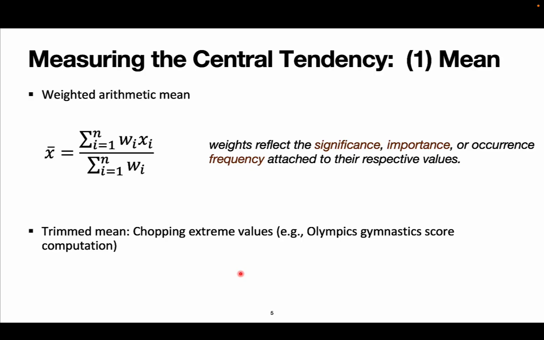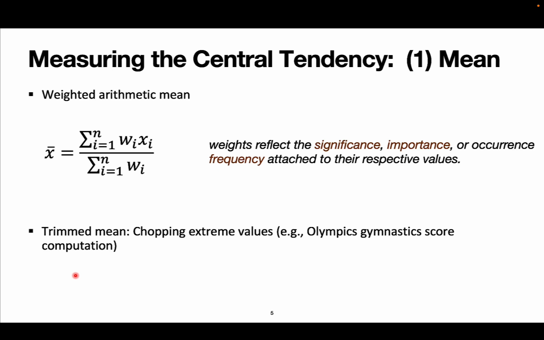The weighted arithmetic mean: some samples are given more weight or less weight than others. Typically, weights are equal to 1, then we are back to the computation from the previous slide. The trimmed mean is often used in practical situations.